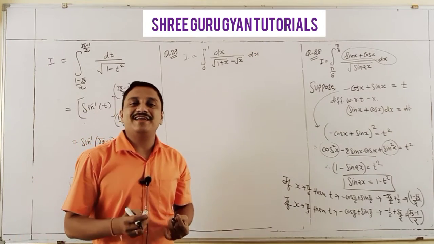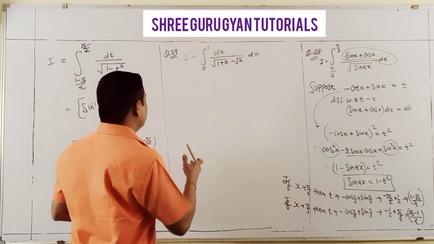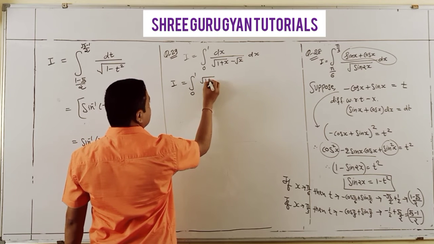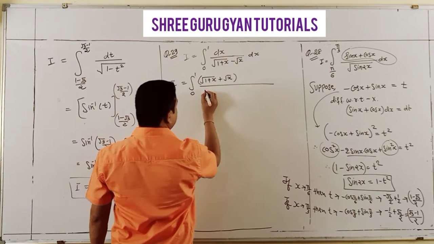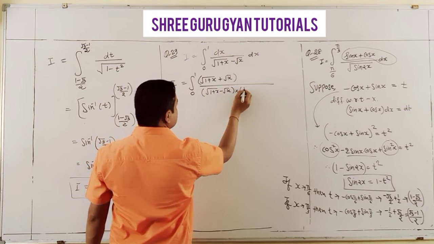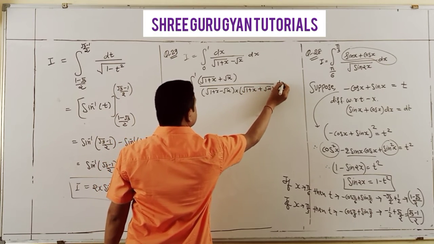We just apply only and only conjugate terms. So what is your conjugate? Integral from 0 to 1, multiply by under root 1 plus x plus root x, over under root 1 plus x plus root x.